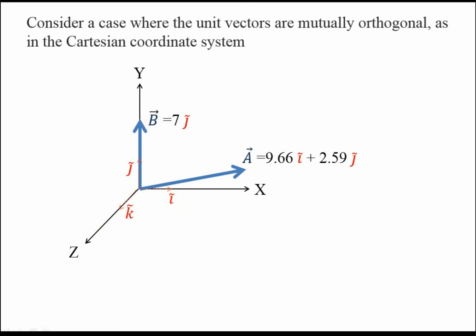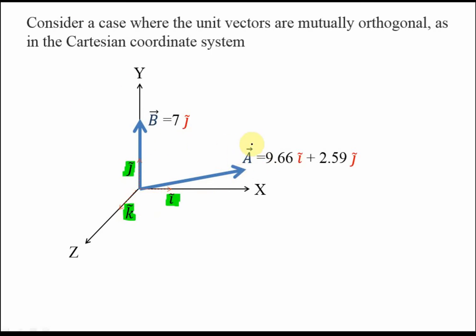And as you see, the unit vector of x is i, the unit vector for the y component is j, and the unit vector for the z component is k. In this example, the a and b vectors lie on the xy plane. That's why there's no z component in the a and b vectors.